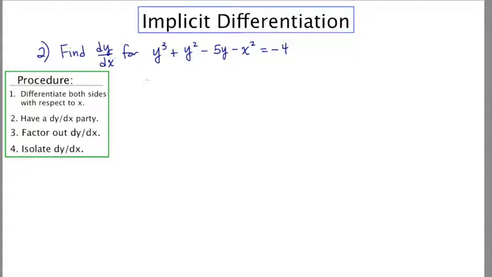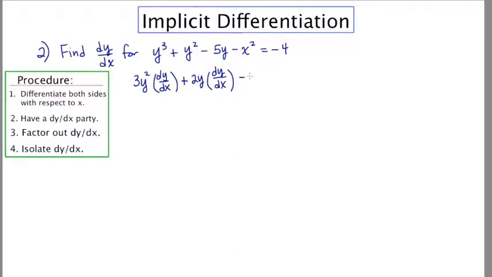So to start this problem, we're going to look at each term separately like it's its own little mini problem. So we're going to start with 3y squared dy dx. And then we move to the second term, 2y dy dx.